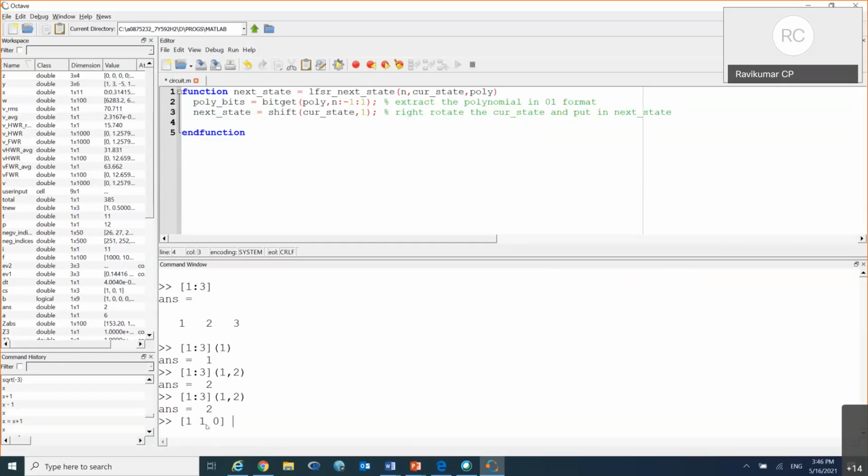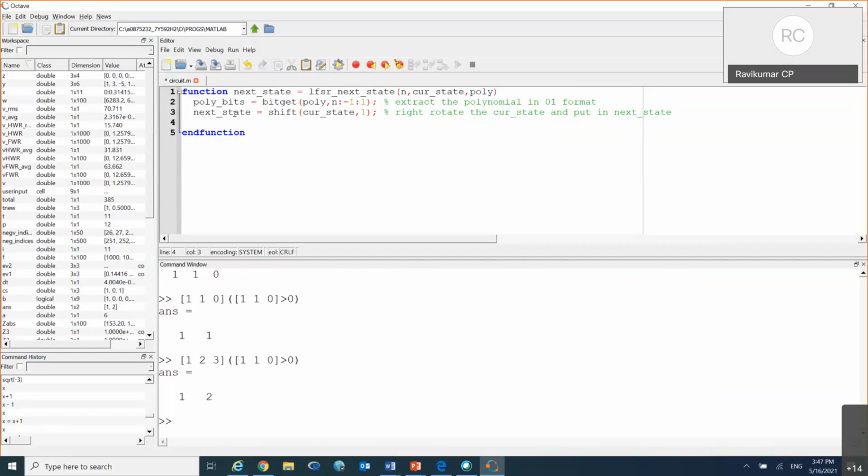So I want to extract the first bit and the second bit. Okay, maybe I can try this. That way.